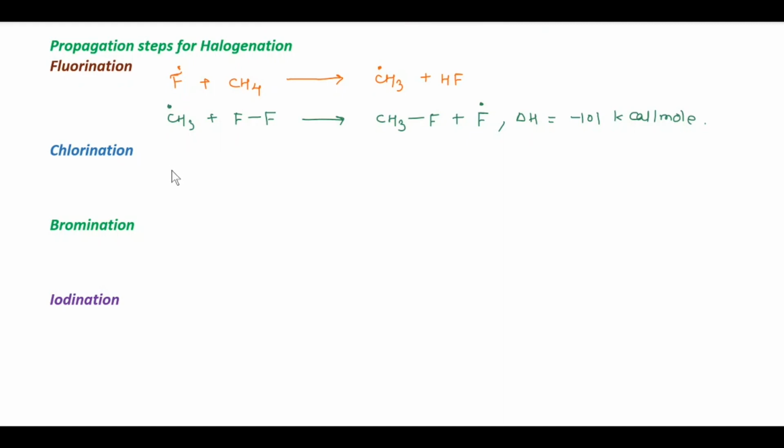We will see the chlorination propagation step. In chlorination, chlorine radical reacts with methane. It gives CH3 radical plus HCl.